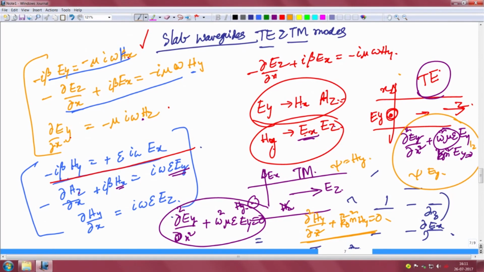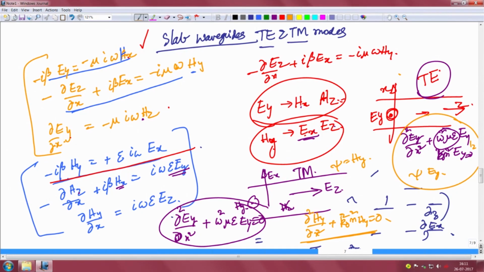So, by properly interpreting the wave function psi, we can use the same scalar theory that we described earlier for TE modes as well as TM modes, by properly noting which components exist.